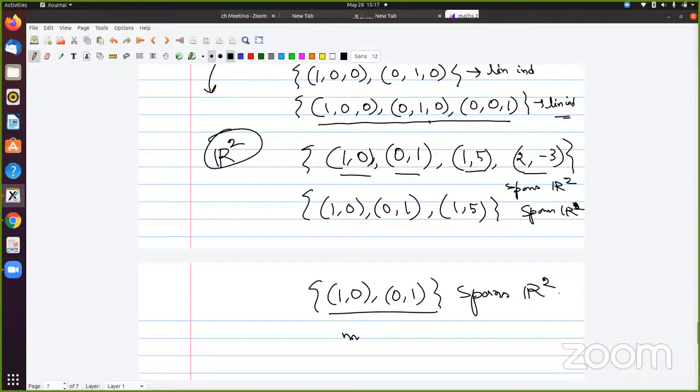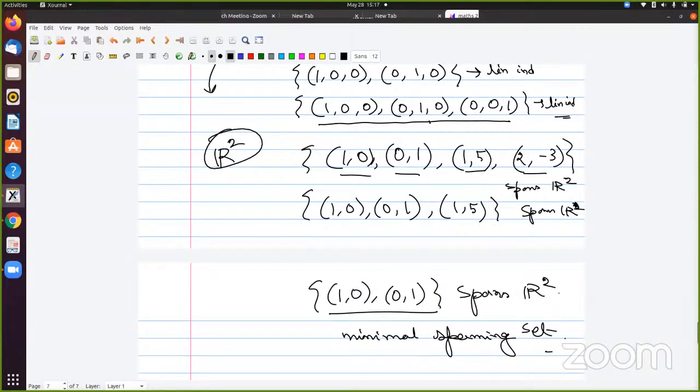So this is the minimal spanning set. And again, you can see that this will also form a basis. So in R2, what is the cardinality of a minimal spanning set? 2. That is the same as the dimension.